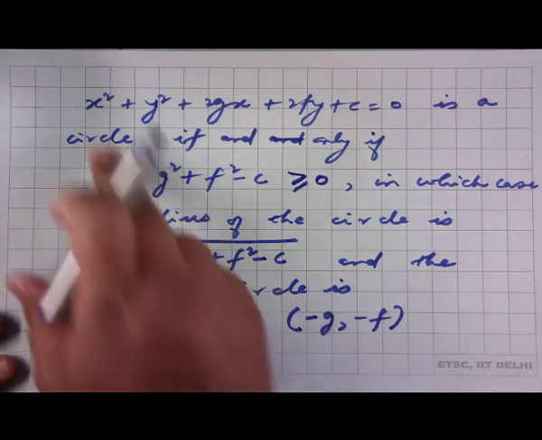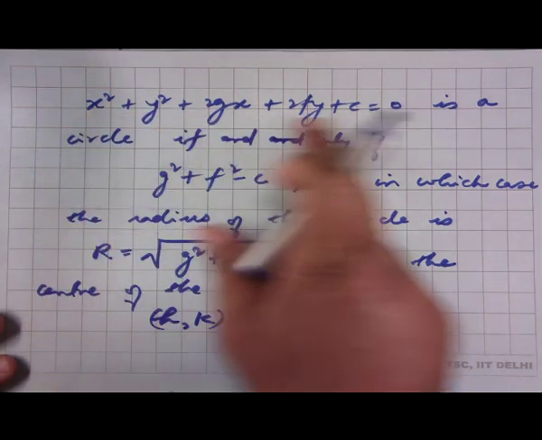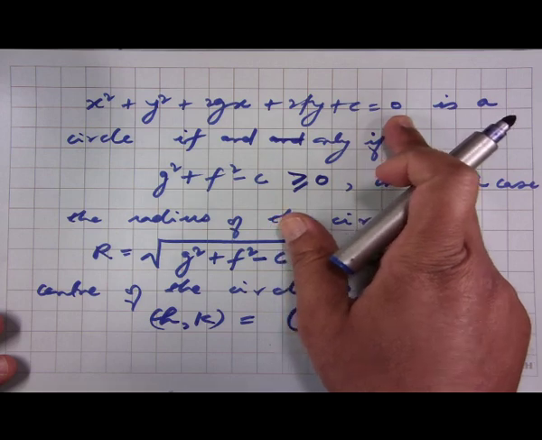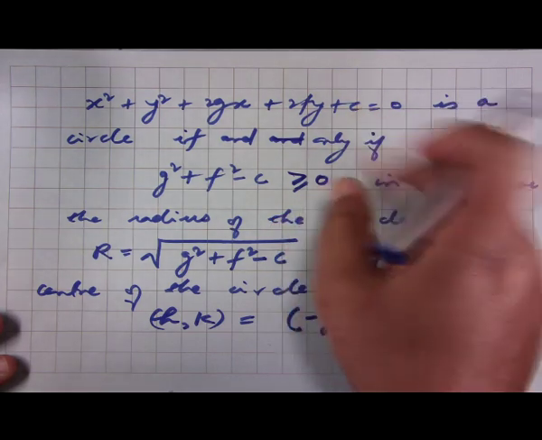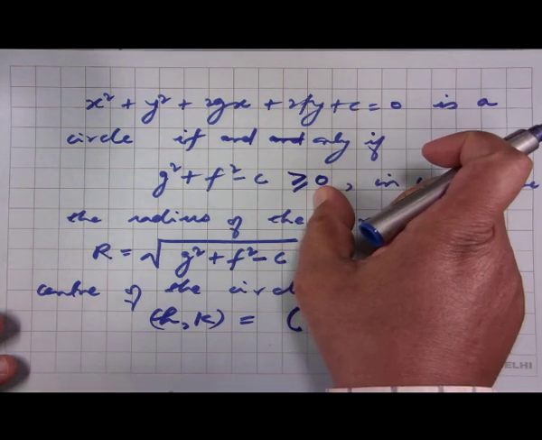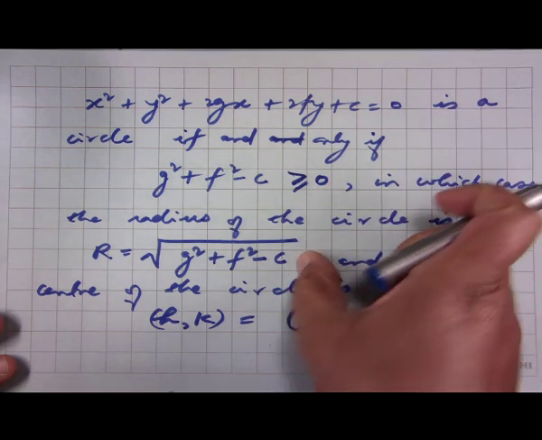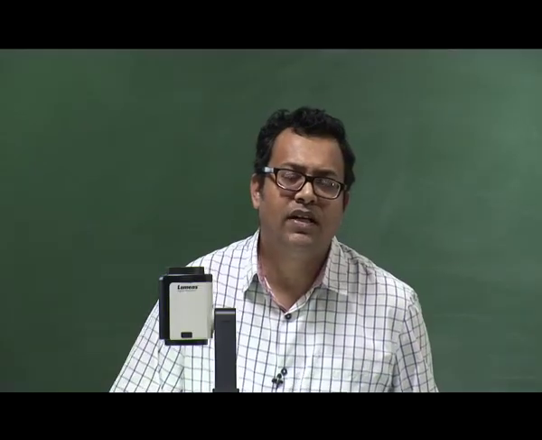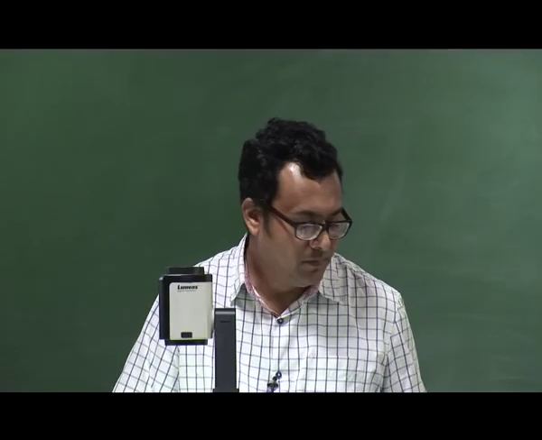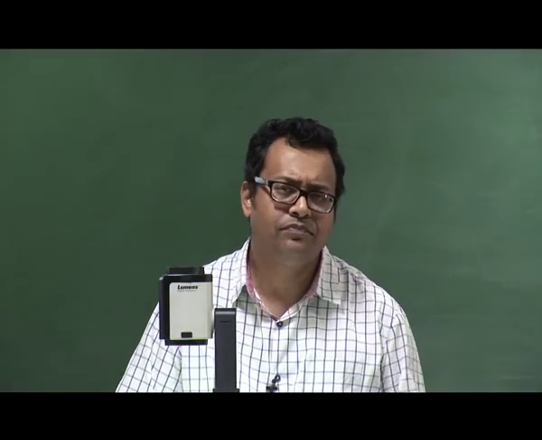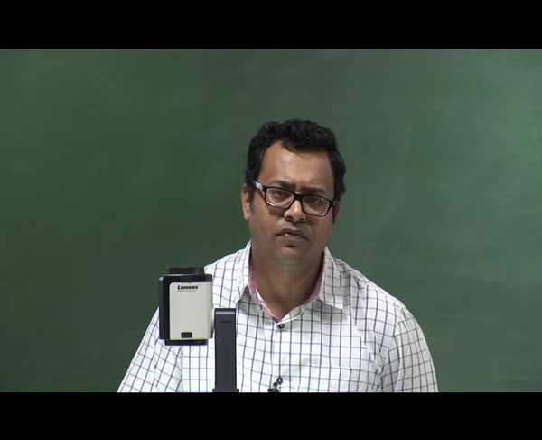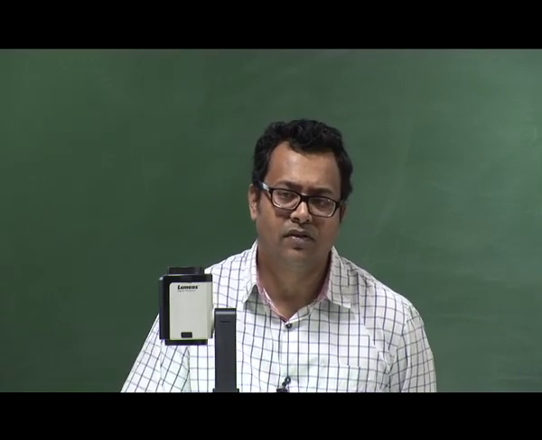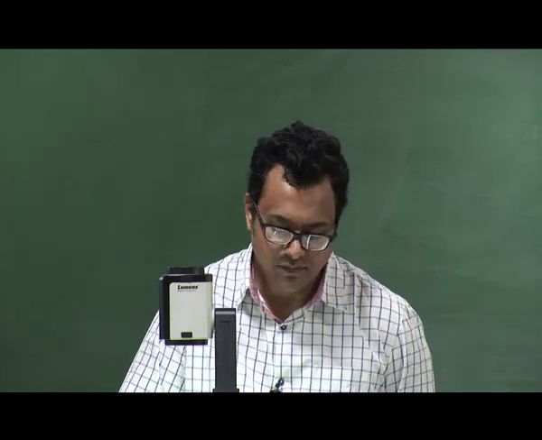So, essentially, if we are given any equation of this form, first we should be able to check whether it is a circle or not, and then we should be able to find the radius and the center of the circle. So, we will take more on this and other types of forms of equations of a circle in the next class.